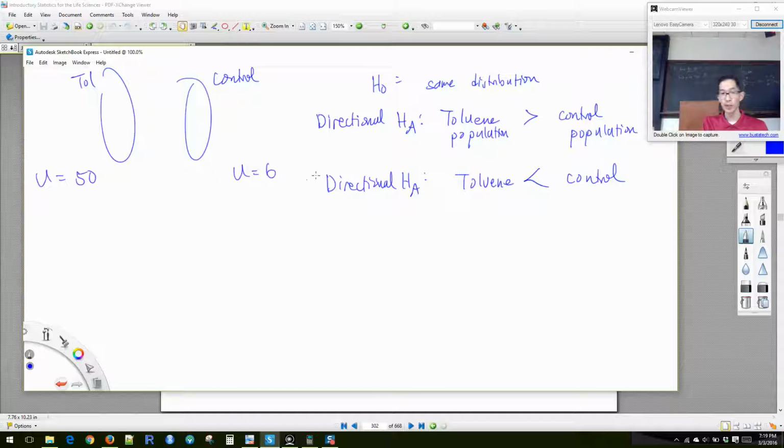So our data supports the directionality of the alternative that has toluene greater than control. And so here you would continue the test.